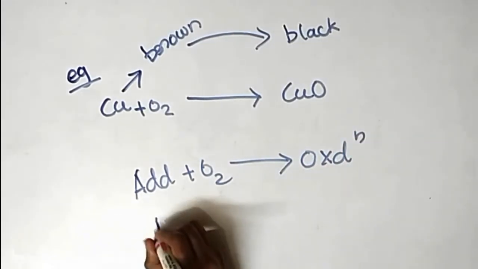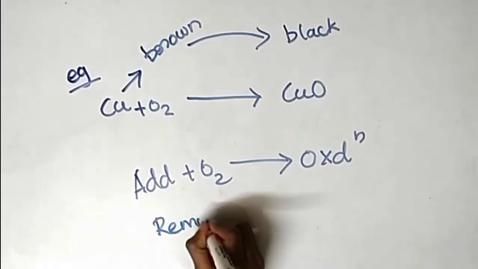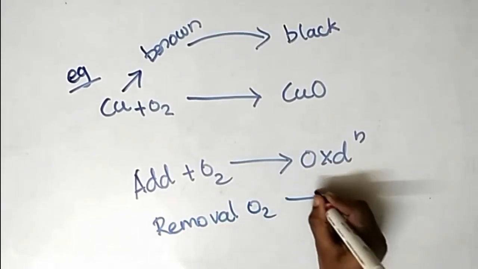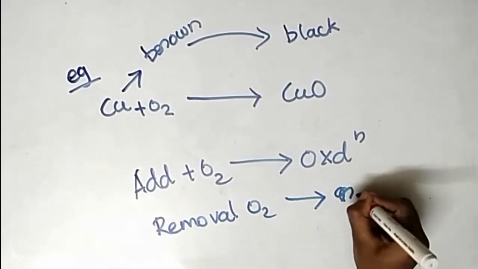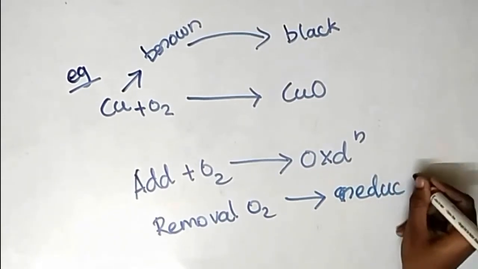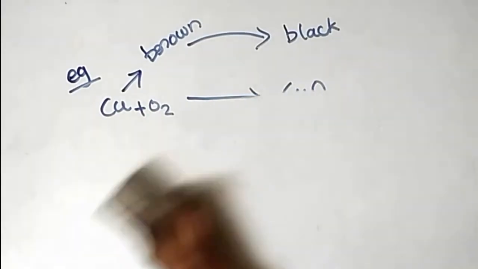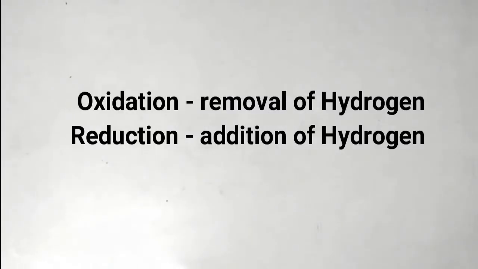The removal of oxygen is called a reduction reaction. And not only the addition of oxygen, the removal of hydrogen is also known as oxidation. So, oxidation can be the removal of hydrogen and reduction can be the addition of hydrogen.